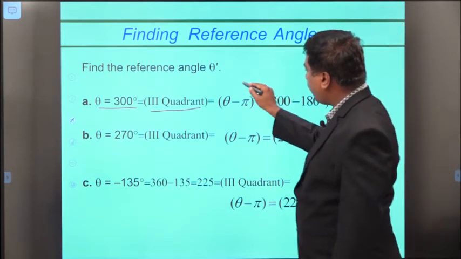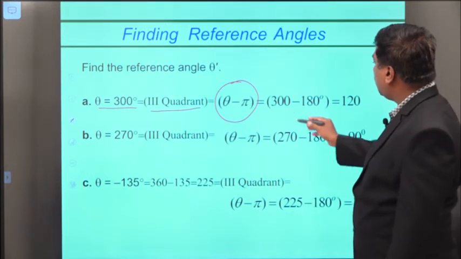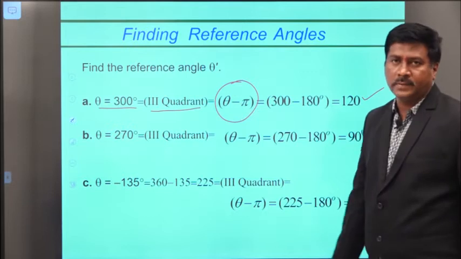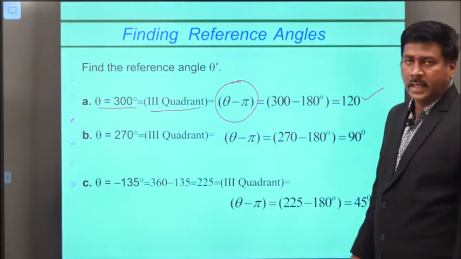Therefore, for finding the reference angle, we take 2 pi minus theta, that is 360 minus 300, which is 60 degrees. Whatever the subtracted angle is, that is called the reference angle.